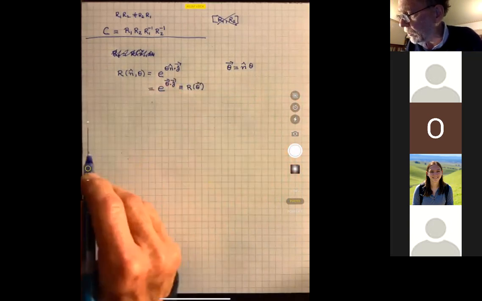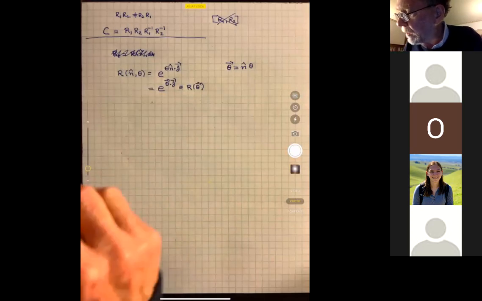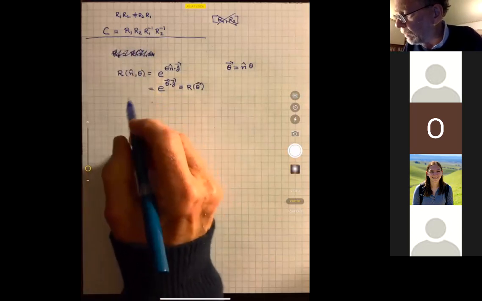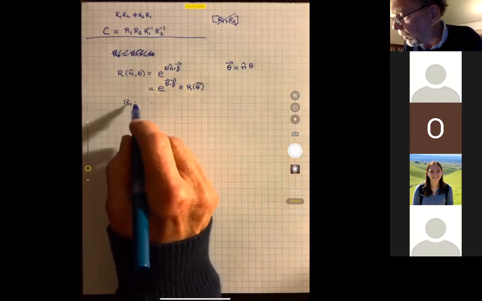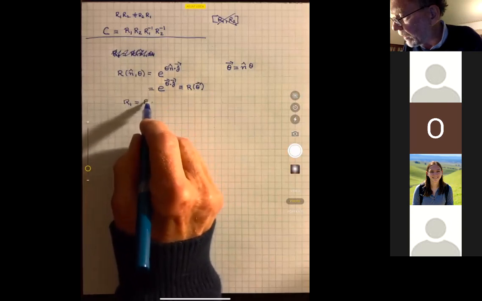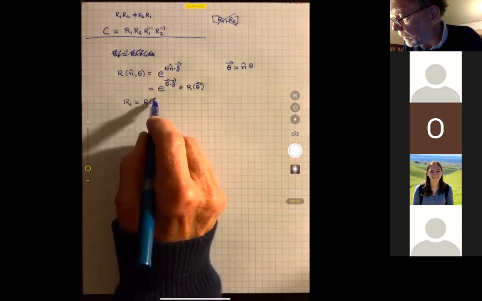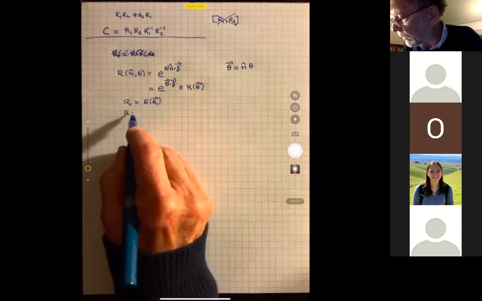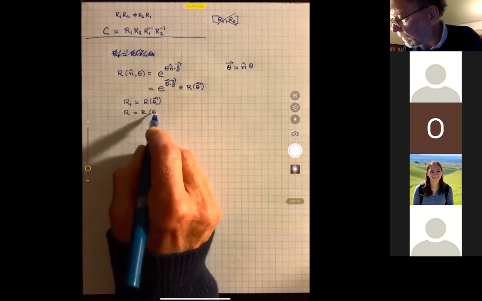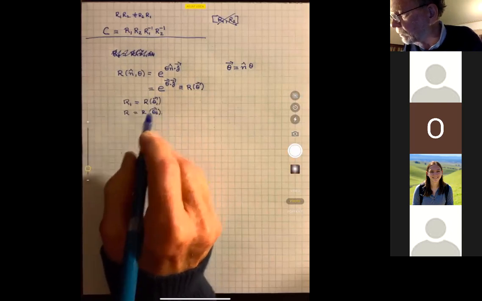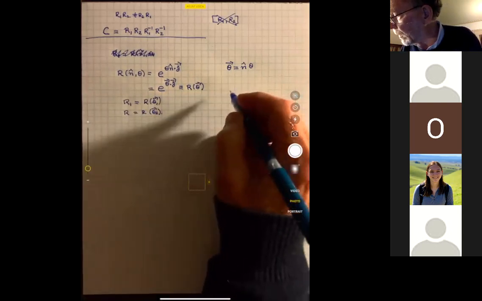All these are just different notations. Now let's do this for R1 and R2. So R1 is equal to R of theta vector 1, and R2 is R of theta vector 2, like so. Oh, by the way, we can also make another notation here.